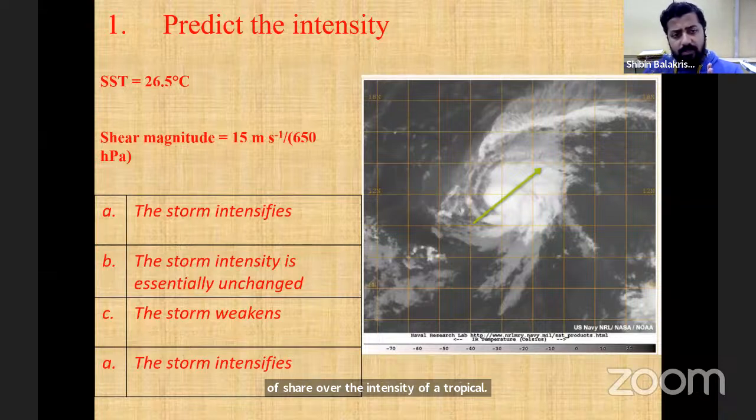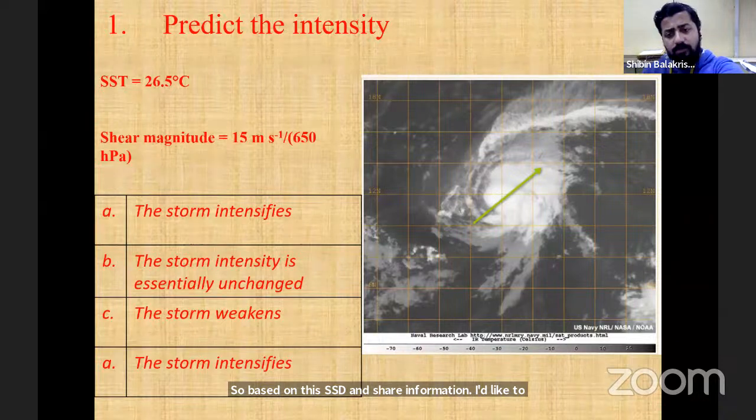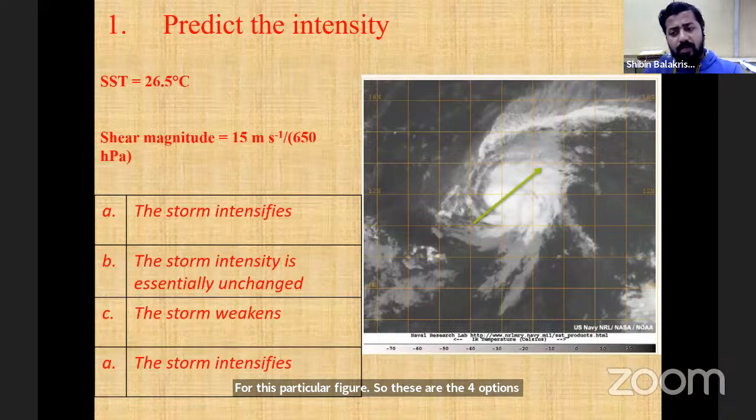Based on this SST and shear information, I'd like your answers for this particular figure. These are the 4 options which we have. Looking at the picture and the information available, you can provide your answers. What do you feel would be the correct answer for this particular system?